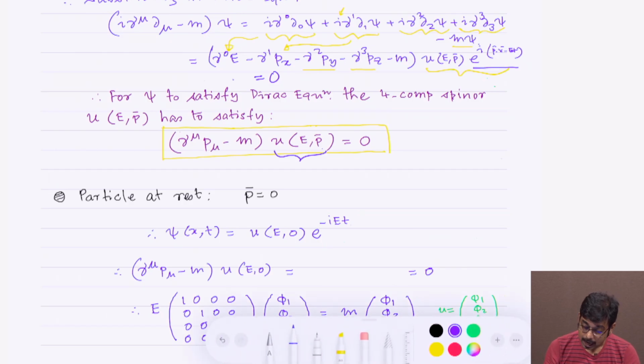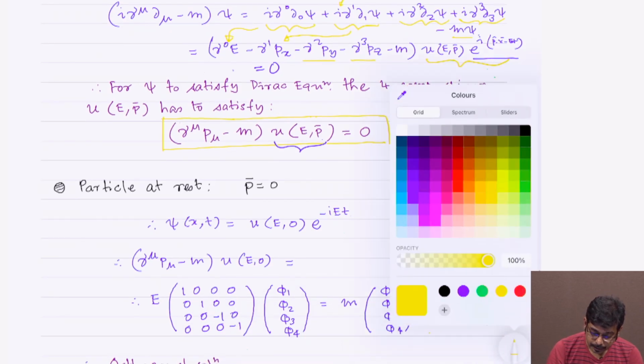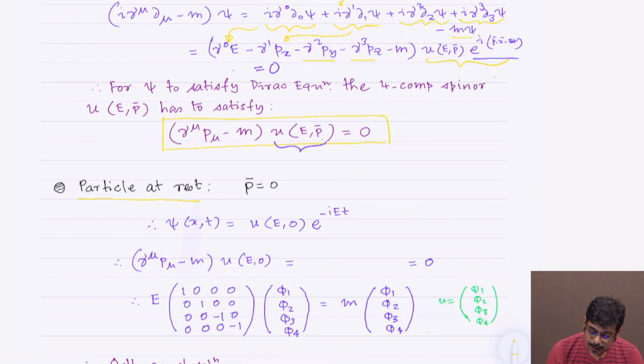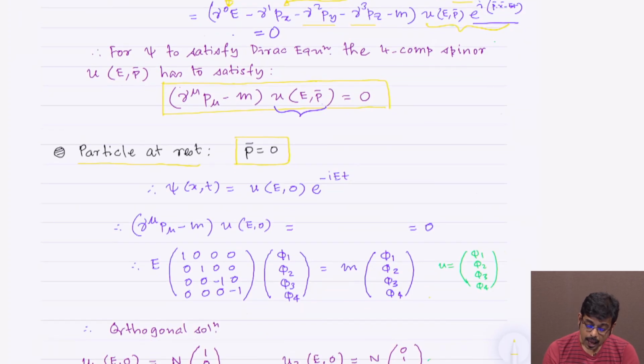Particle is at rest. Every one of you already knows that particle at rest basically means that the 3-momentum associated with this particle has to be equal to 0, right. So, this is p equal to 0. So, in that sense you can say that psi(x,t) is reduced to u(E,0) into e to the power minus iEt, as simple as that, right.